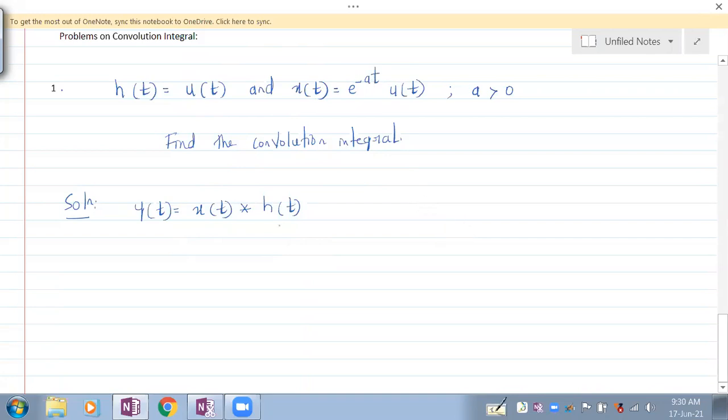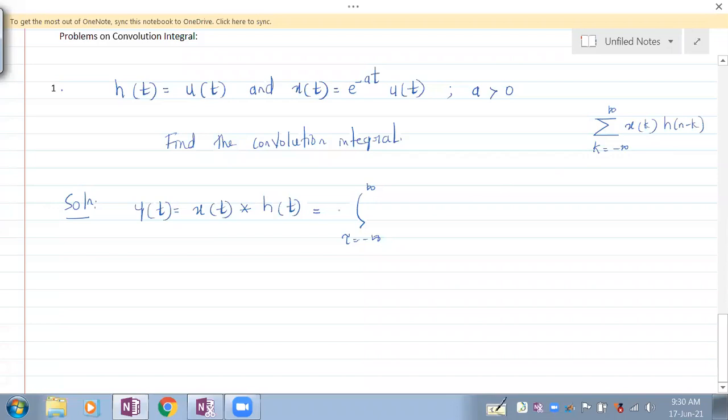Fine. Now this can be given as integration, tau ranging from minus infinity to plus infinity. I've been telling you, where there is summation, there you should have your integral, and where there is k, there should be your tau. Fine. Then we here had x of k, h of n minus k, right?